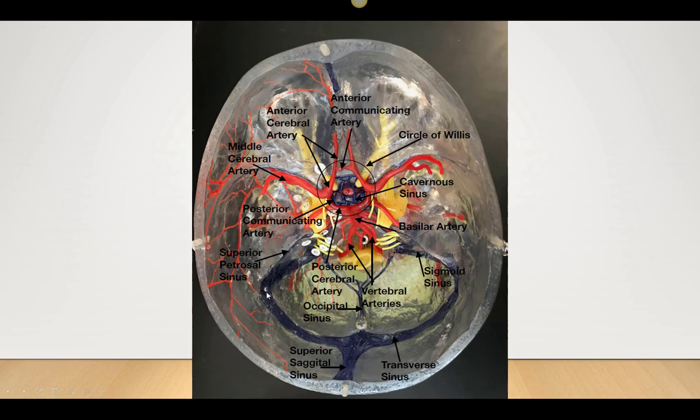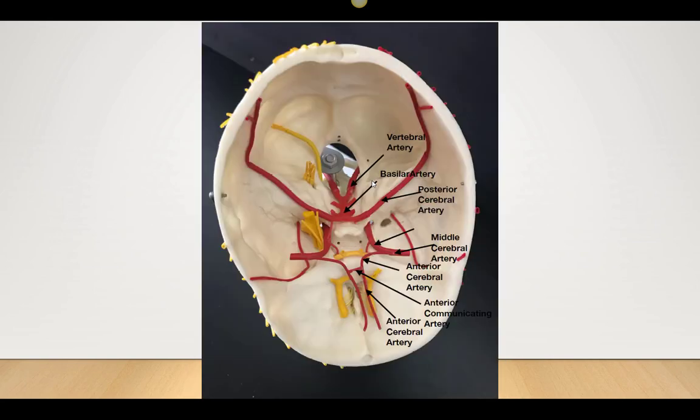And again, the transverse sinus becomes the sigmoid sinus, and then it gets out of the skull through the jugular foramen. The circle of Willis and all those things have been covered in another video. Here you see another view of the circle of Willis, which has only the arteries, and we are going to review them later.